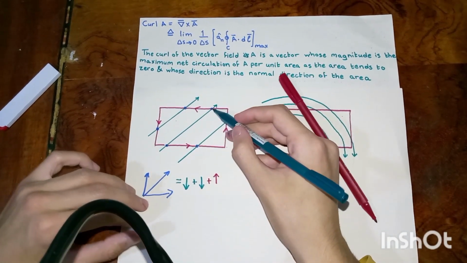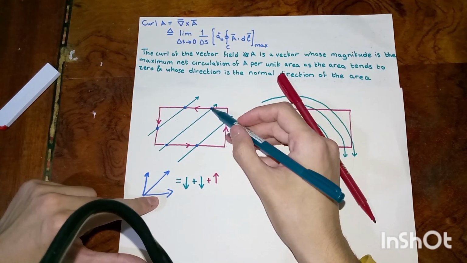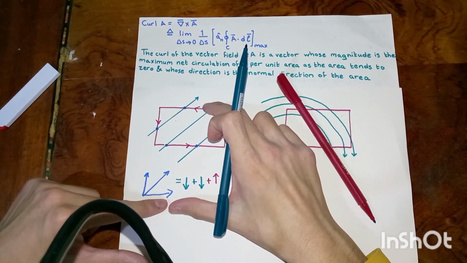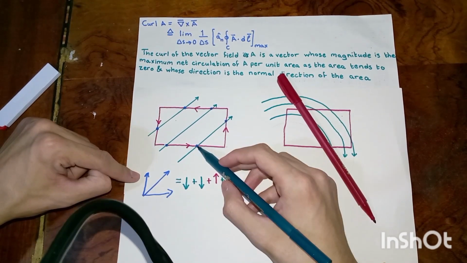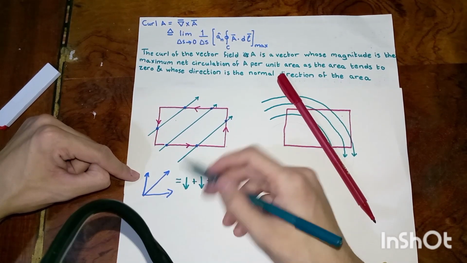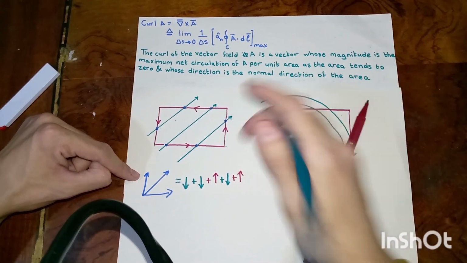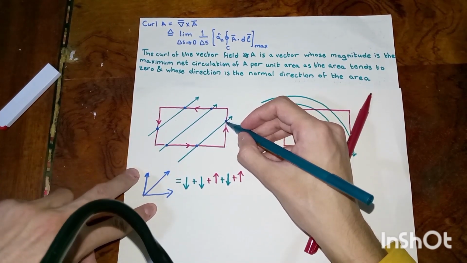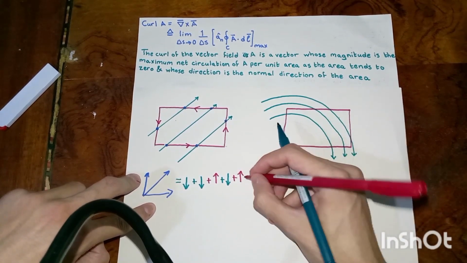Now let's go to this point. At this point, the y component vanishes, but the x component remains, and the x component and the path have different directions, so it's going to give us a negative scalar magnitude. At this point, the y component vanishes and the x component remains, and the path and the component have the same direction, so it's going to give us a positive scalar magnitude. And now let's go to this point. At this point, the x component vanishes and the y component remains. The y component and the path have the same direction, so it's going to give us a positive magnitude.